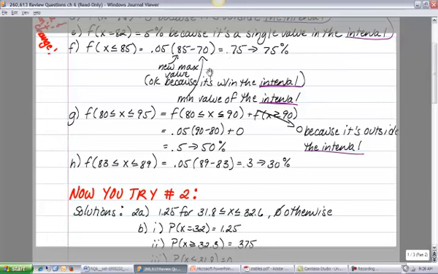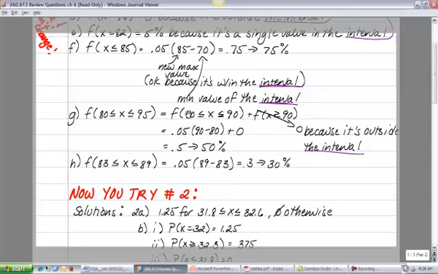Part G asks me, what is the probability of x having a value between 80 and 95? Well, my interval only goes from 70 to 90. So the probability of having a value between 90 and 95 is going to be 0 because that will be outside the interval. So I wrote it out as two separate questions.